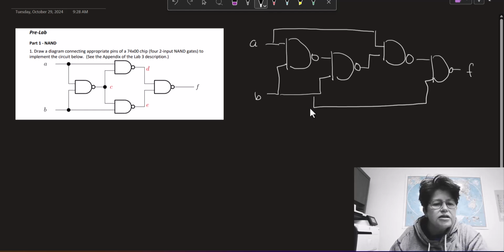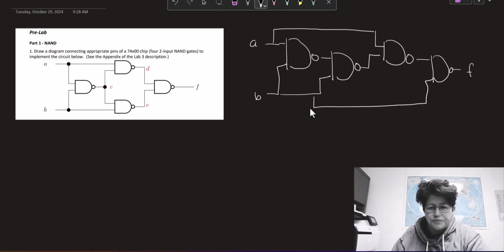Make sure this is not exactly the same. It's not. Okay.